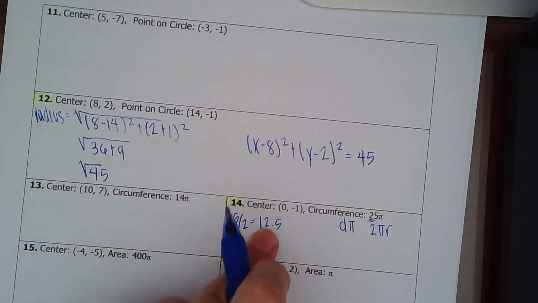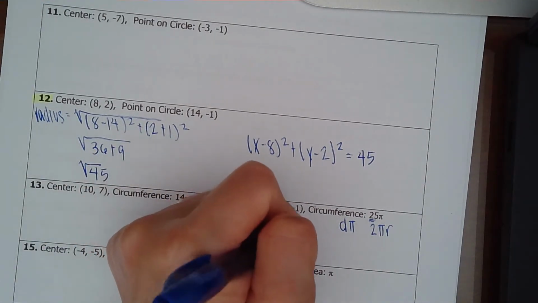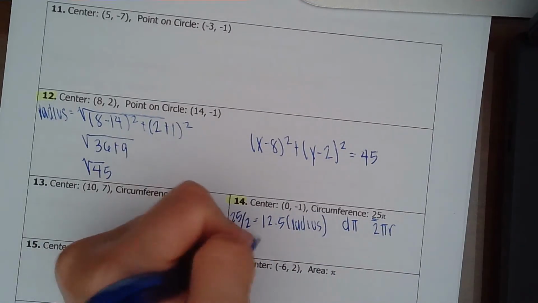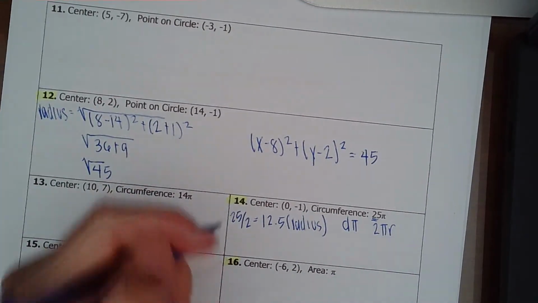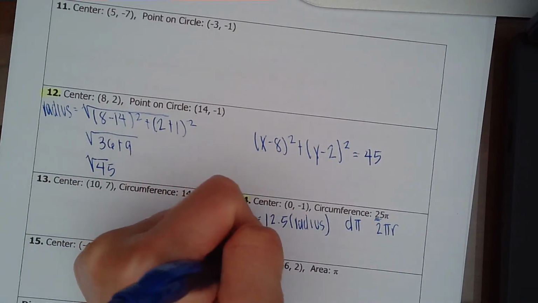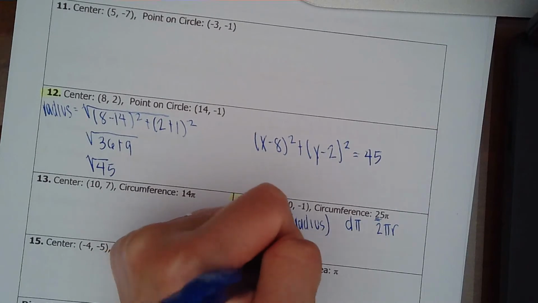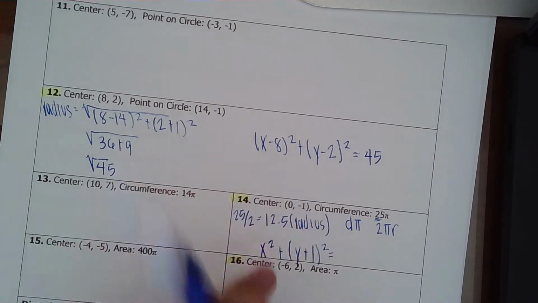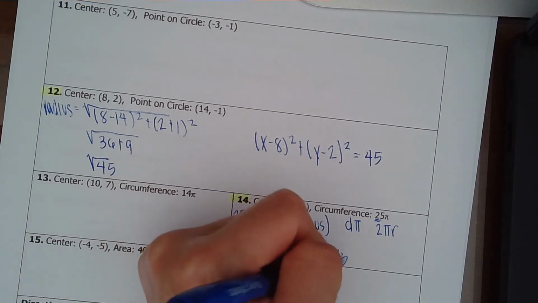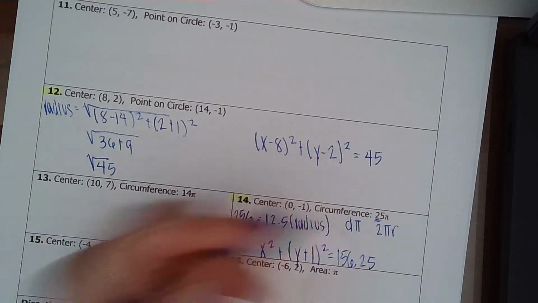Okay, so there's my radius. And I'm going to use my center and plug it in for the equation of a circle. Okay, so x squared plus (y + 1) squared equals my radius, 12.5 squared, which is 156.25.